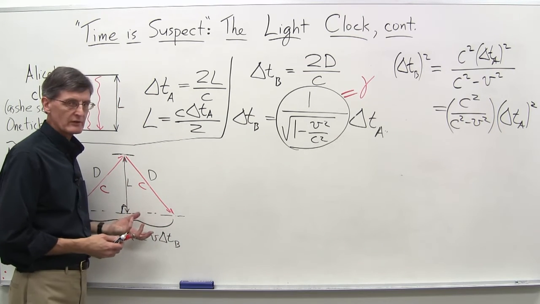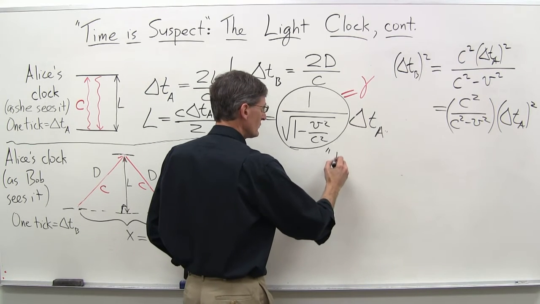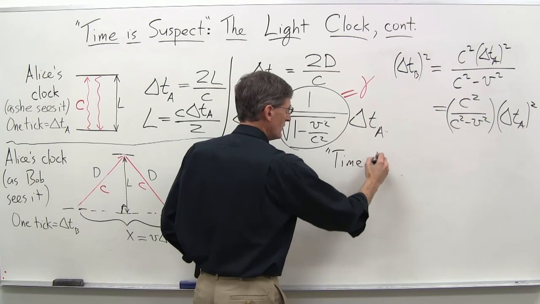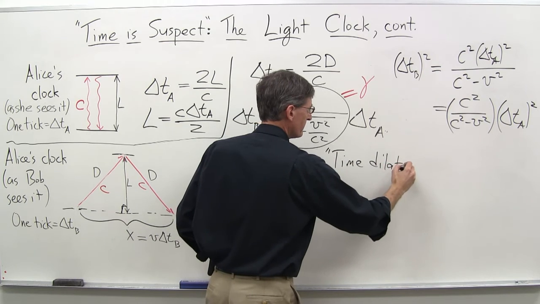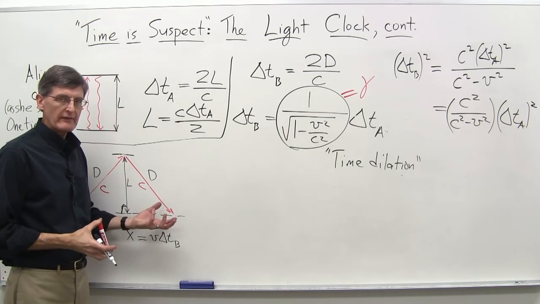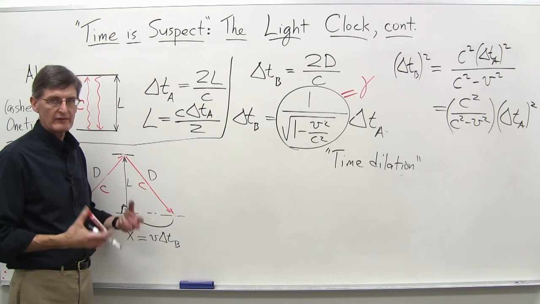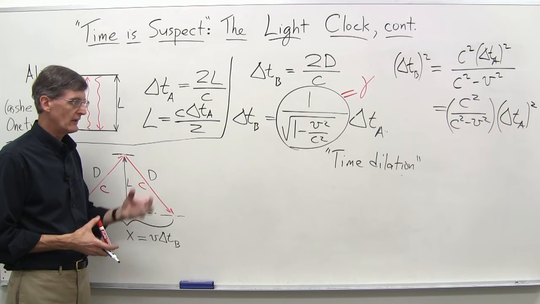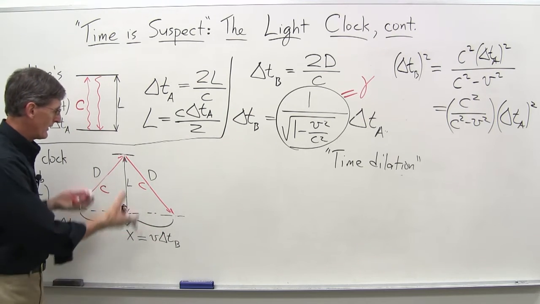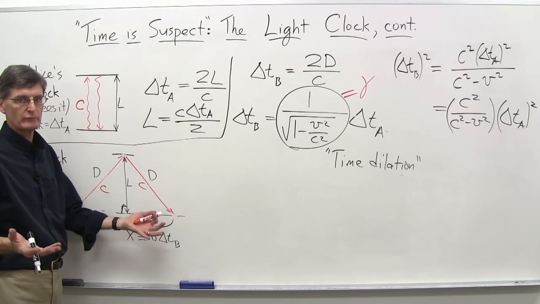But remember that the basic idea here is what we call time dilation. Another way to say that is moving clocks run slow. They tick more slowly than if they're not moving. So again, if Alice and Bob are right next to each other with identical clocks, they both look at them and say, just fine.